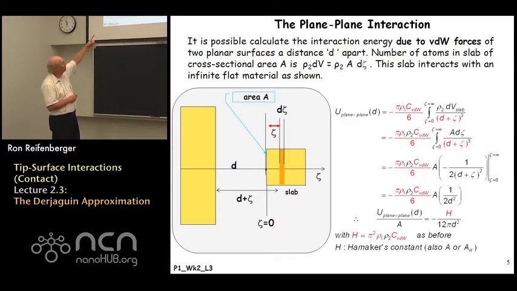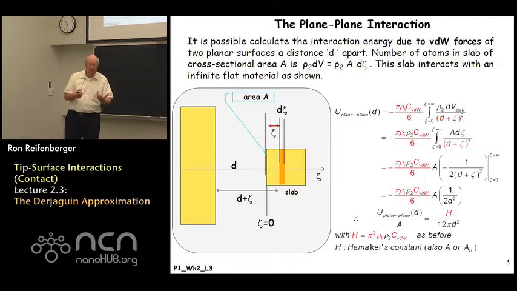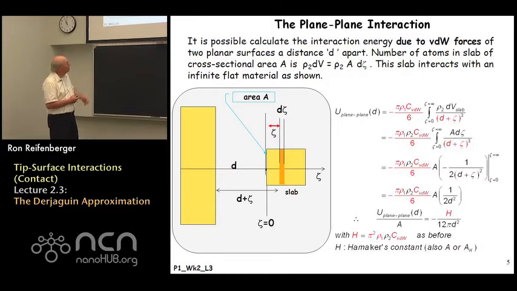You just basically have to integrate that result over the entire slab. And the arithmetic in this case is pretty simple. The end result is the last equation here. This plane-plane interaction energy normalized by the surface area A is just equal to the Hamaker constant H divided by 12 pi, and the interaction potential energy in this case goes as 1 over d squared, where d is the separation between the two planes.